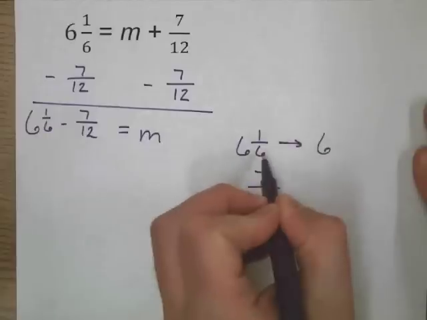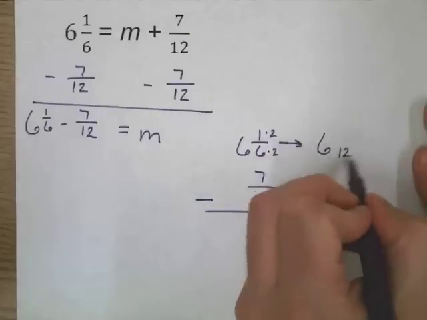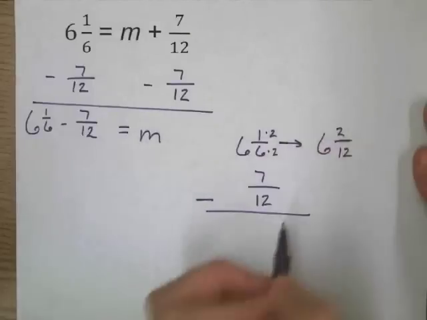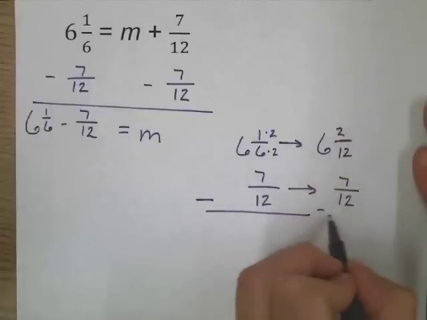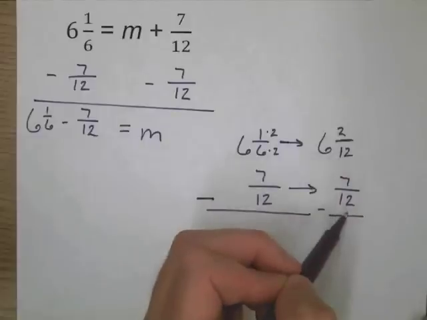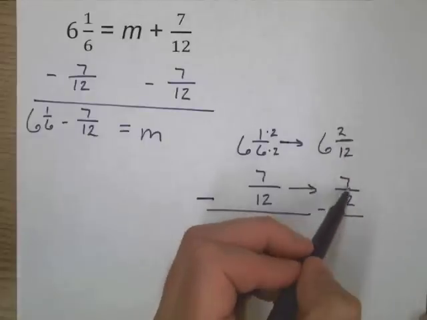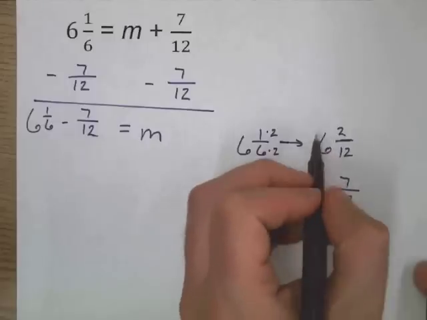So I'm going to turn my 1/6 into 12ths, 2/12 to be exact. I'm going to keep my 7/12 the same, and I'm subtracting here. So I'm taking 6 2/12 minus 7/12. Well, I can't take 7/12 from 2/12. So I'm going to take a whole from my 6 here.